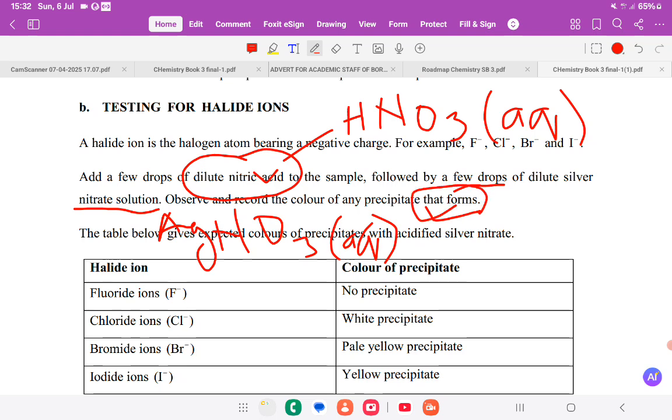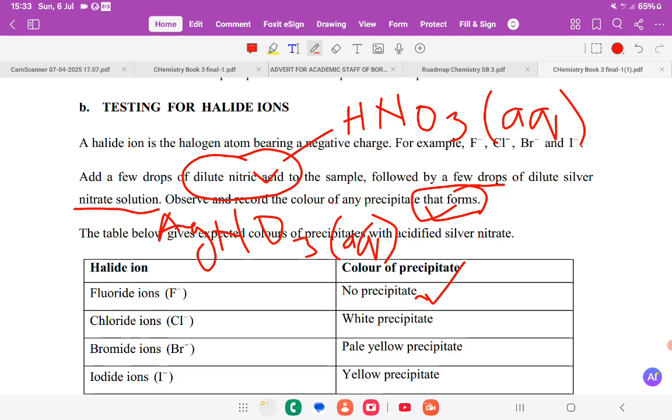So take note, upon adding nitric acid followed by silver nitrate, if there is no precipitate formed, then that should be fluoride ions. So fluoride ions do not form any precipitate when dilute nitric acid and silver nitrate are added.